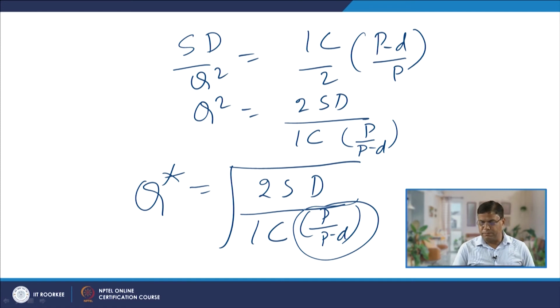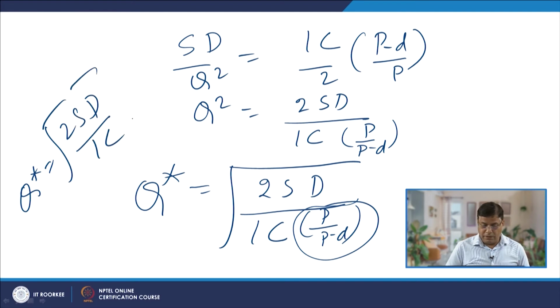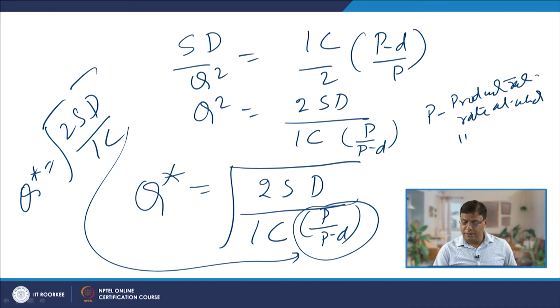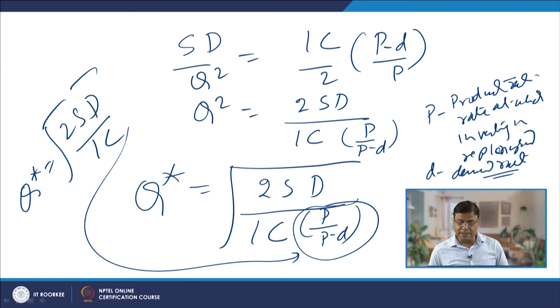Earlier, for the simple lot size formula, when the delivery was instant for the entire order, the economic order quantity equation was twice of S D divided by I C. Only the additional factor to take into account the gradual replenishment is this, P by P minus D, where P is the production rate or the rate at which the inventory is replenished, while D is the demand rate or the consumption rate, the rate at which the inventory is depleted.